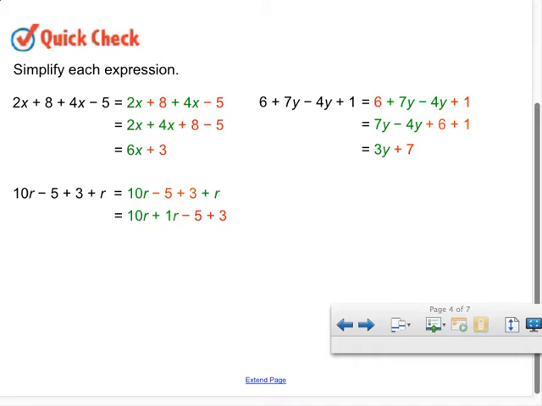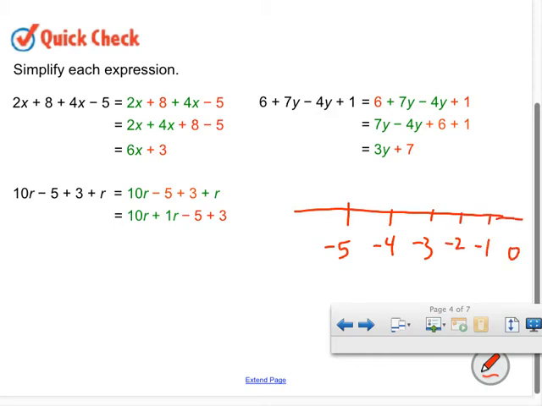Okay, now let's go ahead and simplify this. What do we got? I got 11R minus 8. Not minus 8. That's a minus 5 and a plus 3. So think about the number line. If I'm at negative 5, and a lot of kids have been struggling with this today, so I'm going to draw this number line. Negative 5, negative 4, negative 3, negative 2, negative 1, and then here's 0.